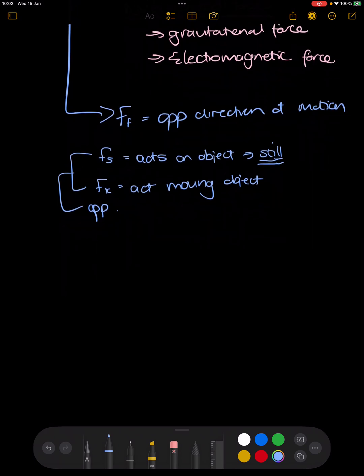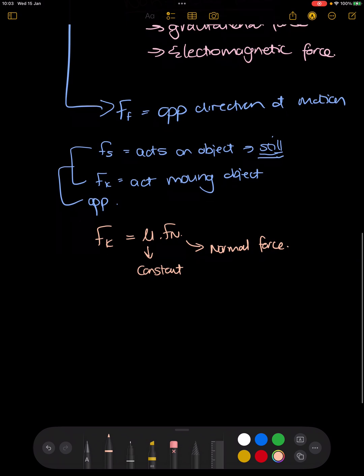You're going to learn more about how to calculate friction this year, but the friction force is equal to mu times Fn. Mu is a constant, the coefficient of friction, and Fn is my normal force. We're going to talk about that now.